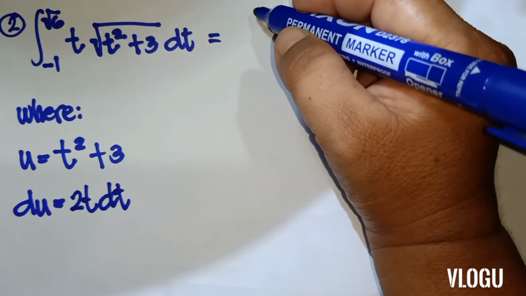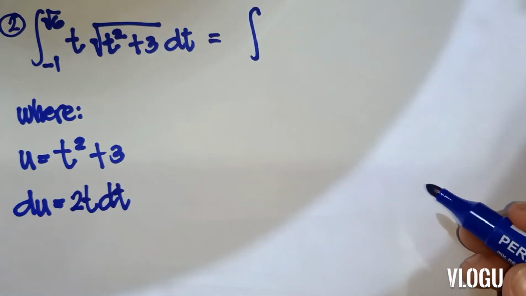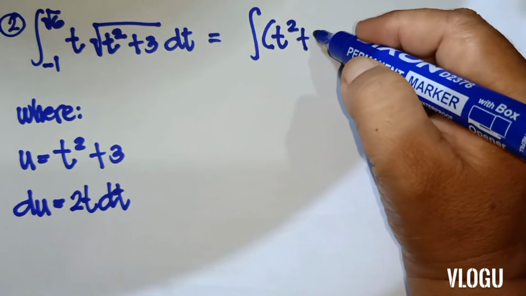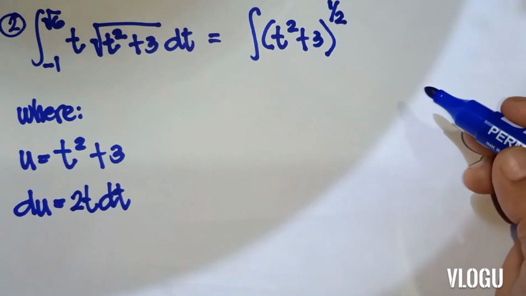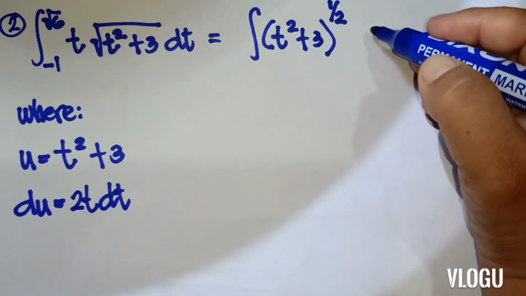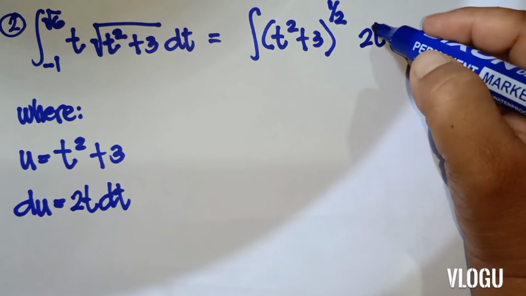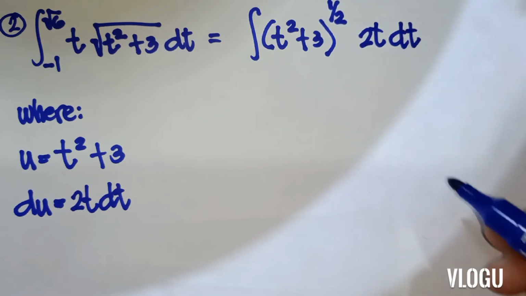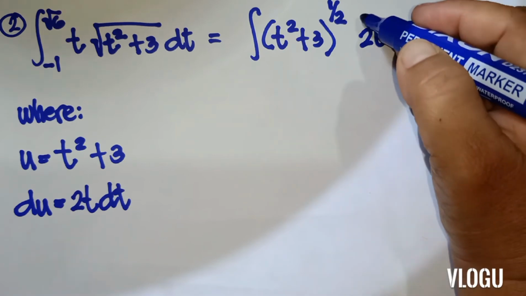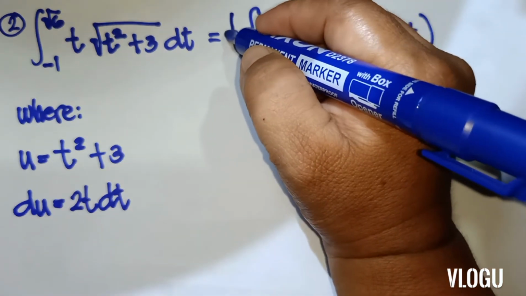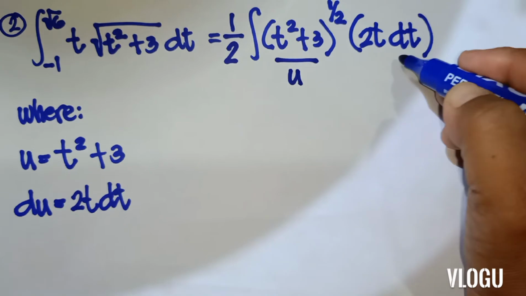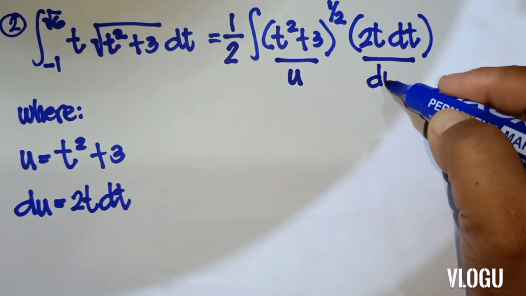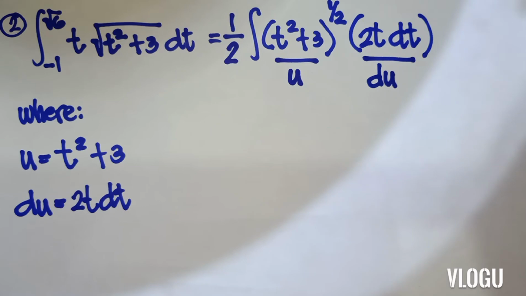We will have the integral of (t squared plus 3) raised to 1/2, and then our du, 2t dt. Since we multiply by 2, we multiply outside by 1/2. So this one is our u, this one is our du, so we have a form of u to the n du.